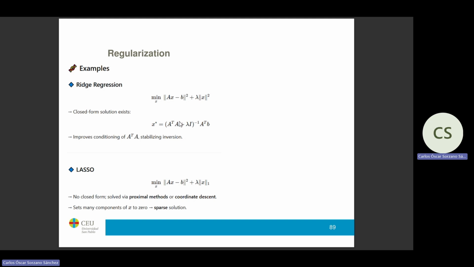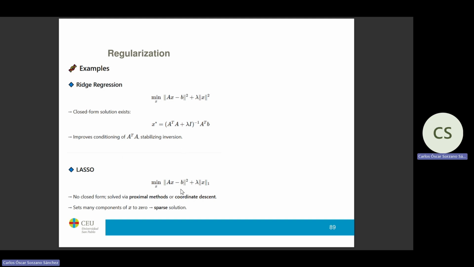So when you compute the inverse of that, it will be very stable. So that is what is said here. It improves the conditioning of this matrix by adding some eigenvalues, by dominating their eigenvalues if lambda is very large.